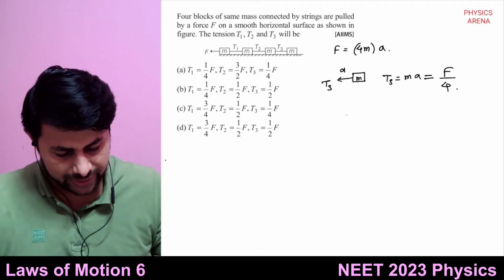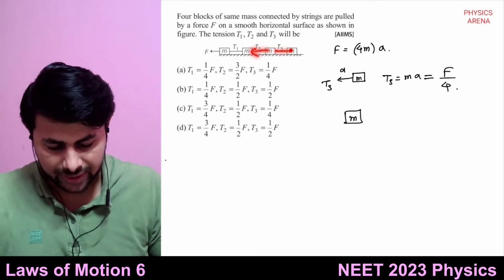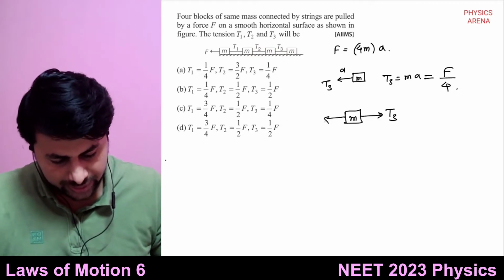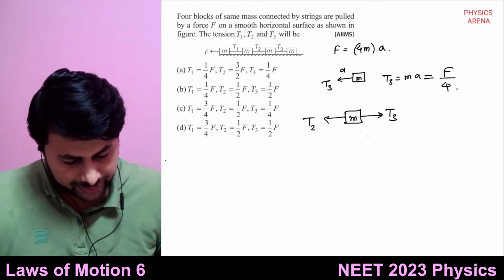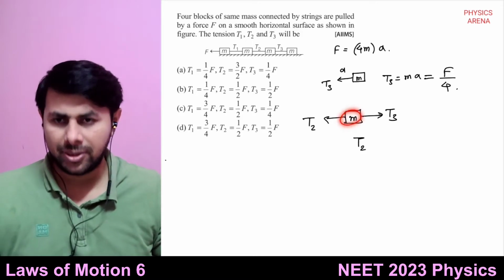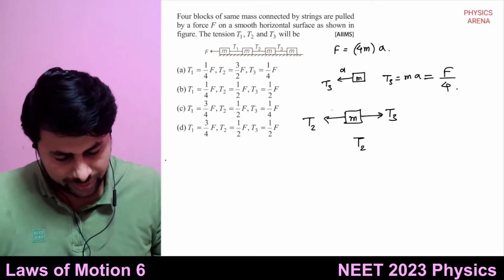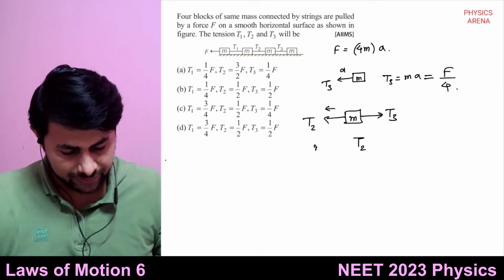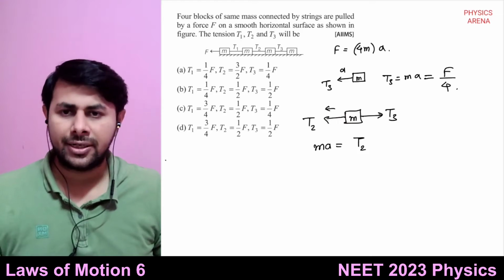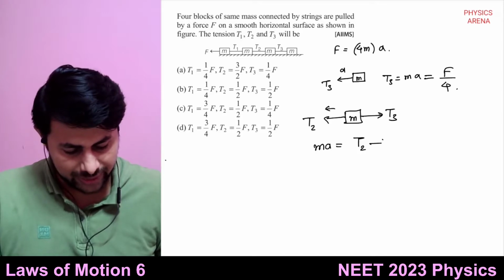Similarly, if you take this second mass, on this second mass, T2 is acting on this side, T3 is acting on this side. So this is T3, this is T2. All right, so force acting on this one is also m into a, because all of the masses will have the same acceleration. So m times a is equal to what? The tension in the direction of force minus this tension, so it is T2 minus T3.